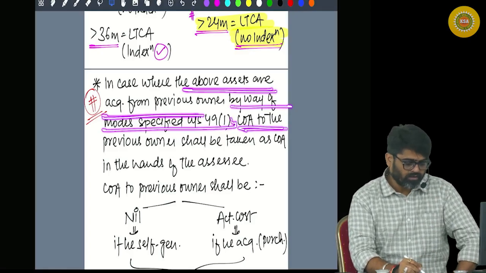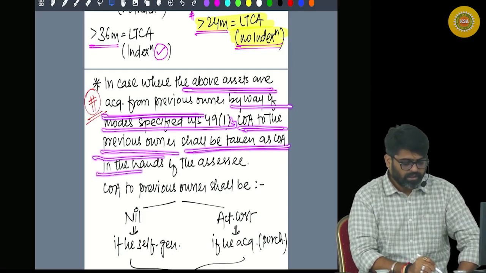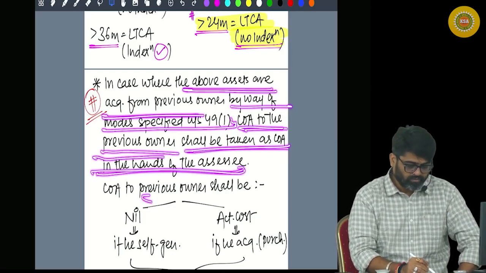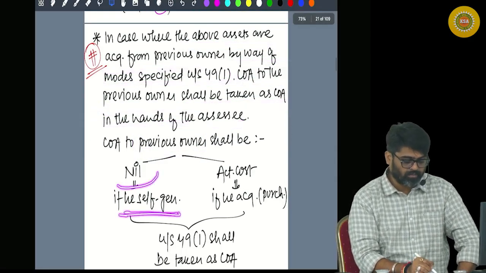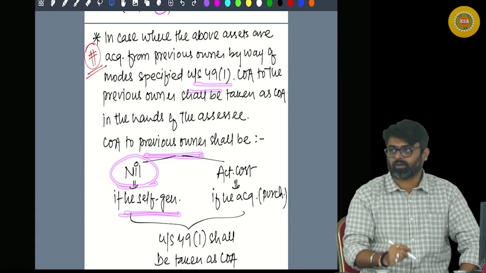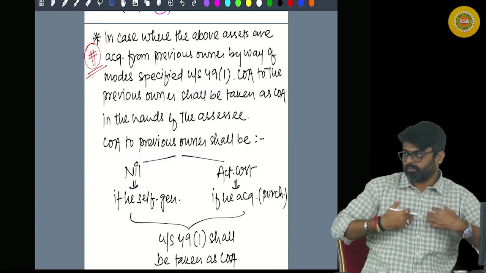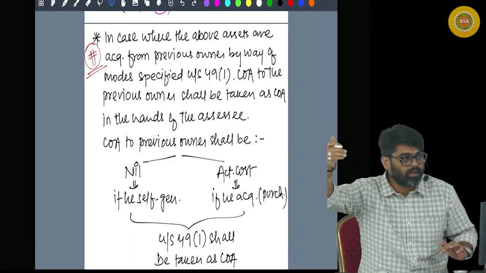The cost of acquisition to the assessee shall be taken as in the hands of the previous owner. If the previous owner self-generated, the cost was nil, and as per 49(1), that will be your cost.